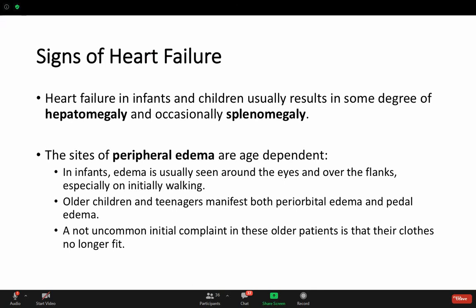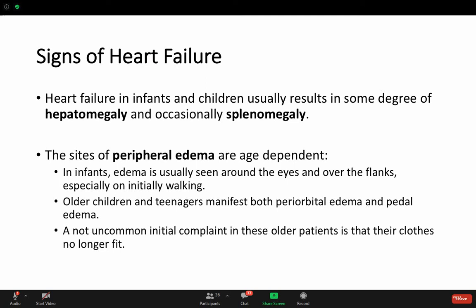Okay? older children and teenagers ممكن يصير عندهم periorbital and pedal edema زي بالadults. But it is not uncommon initially complaint in these older patients that their clothes no longer fit. لأنهم إذا زادت السوائل عندهم، خاصة إذا جاك واحد قال مثلا والله الأهل قالوا إنه الحذاء قاعد يغير السايز بسرعة، هذا you should think is there an edema عشان كذا قاعدة تضيق عليه الشوز.